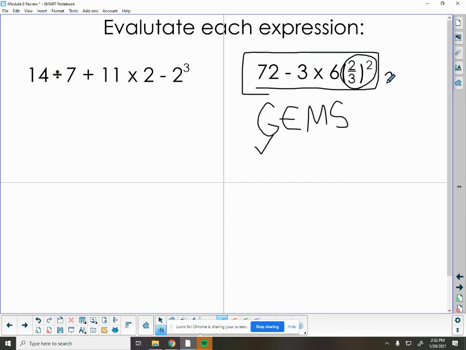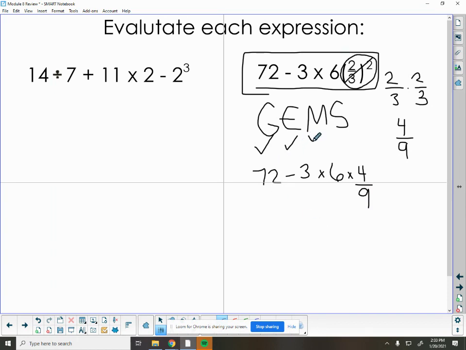So we are going to do 2/3 times 2/3. So 2 times 2 is 4, 3 times 3 is 9. 4/9. So we've done our exponents. Those are gone. So now we have 72 minus 3 times 6 times 4/9.